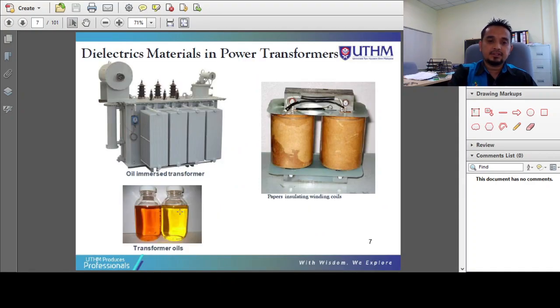These are examples of high voltage equipment, which is the transformer. Within the transformer, we use paper insulating the winding coil.